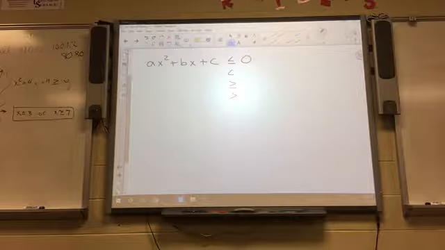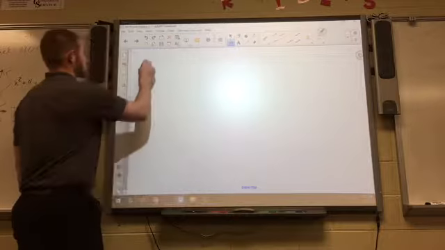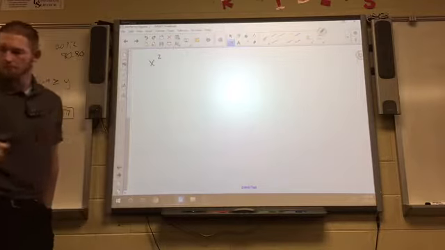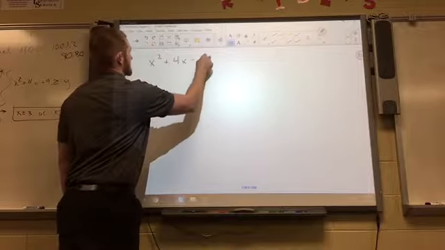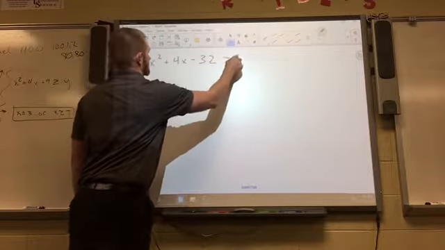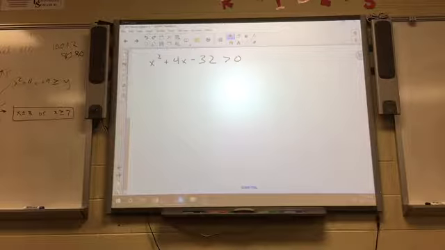If they give me the inequality x squared plus 4x minus 32 is greater than 0. When we were doing just regular quadratic equations with an equal sign, how could I solve this for x? What are my options?